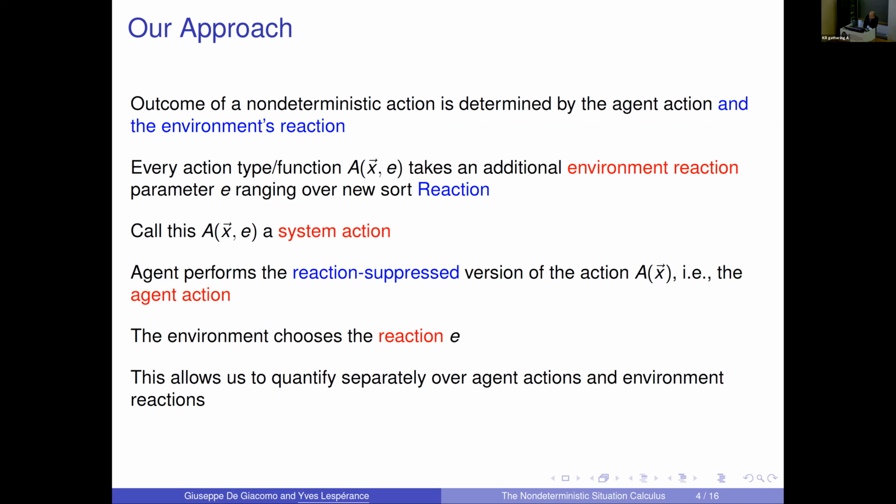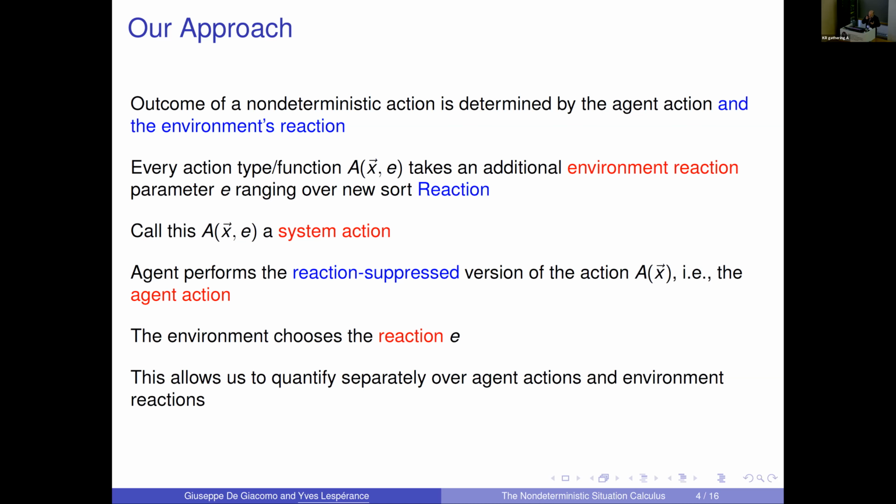So what's the idea of our approach? It's basically that when you have a non-deterministic action, the outcome is determined by what action the agent performed, and also what the environment's reaction to that agent action is.